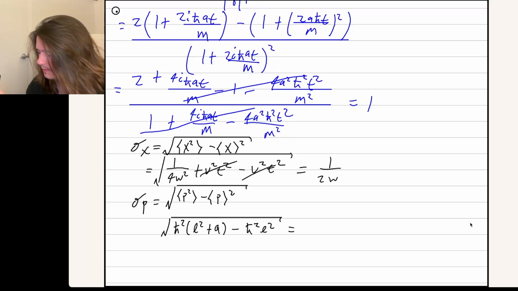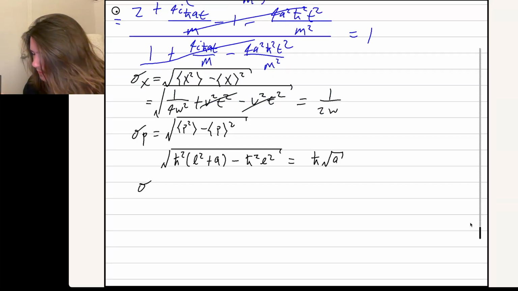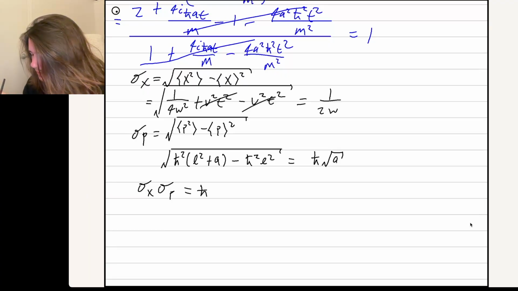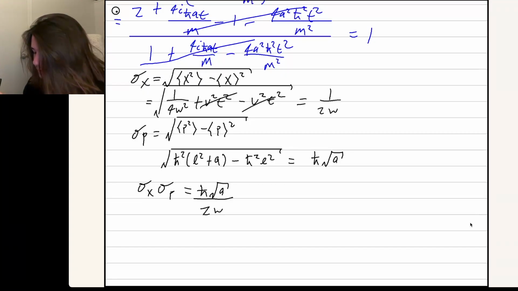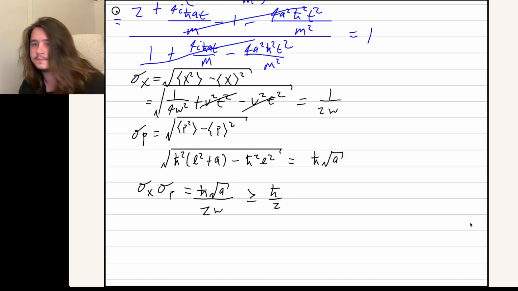So we get h bar root A. Again, the same as we got for problem 221. So the uncertainty principle is going to remain the exact same as problem 221. Go back and watch it. We found out that it does satisfy the uncertainty principle. So yeah, that should be everything. All right.